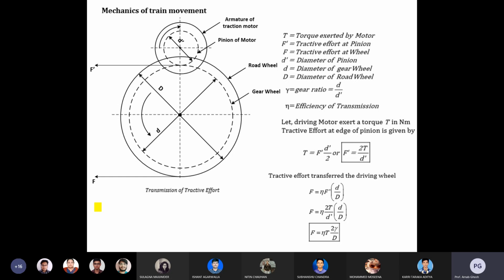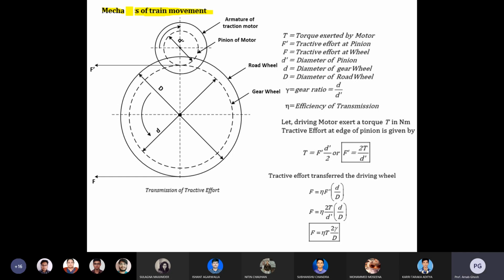Another pattern is where we put more thrust on train movement, that means tractive effort. Tractive effort means what? Suppose the EMU is standing over a line. If you want to start the traction motor, you give power to the traction motor, and it tries to start moving.